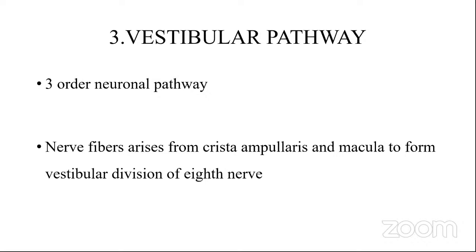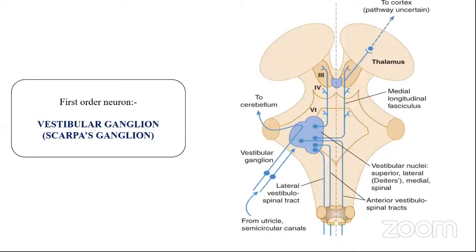The nerve fibers arise from the crista ampullaris and macula to form the vestibular division of the vestibulocochlear nerve. The first order neuron is located in the vestibular ganglia. The other name for the vestibular ganglion is Scarpa's ganglion.